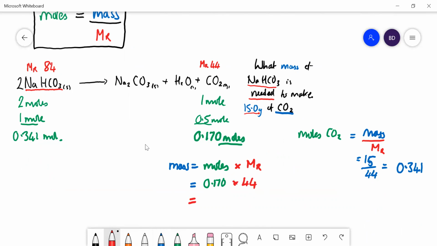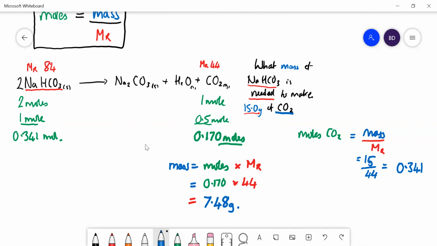That gives us a mass of 7.48 grams. That's the answer to that one.